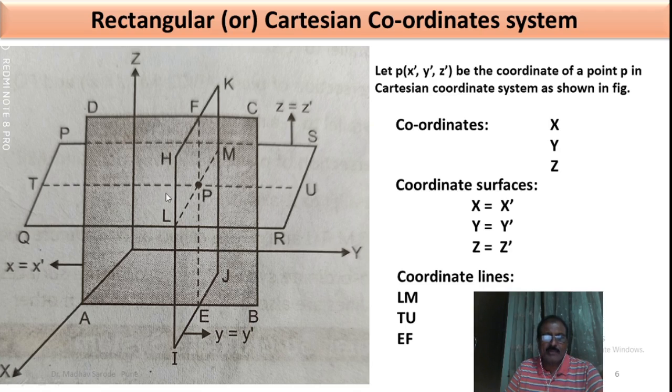This line is parallel to the z-axis, and these lines are known as the coordinate lines. So in the Cartesian or rectangular coordinate system, the coordinate lines are LM, which is parallel to the x-axis, TU parallel to the y-axis, and EF parallel to the z-axis. So this is the concept of the coordinate surface. What are the coordinates in the rectangular system, what is the coordinate surface, and what are the coordinate lines? These three points are very important when we study any coordinate system.